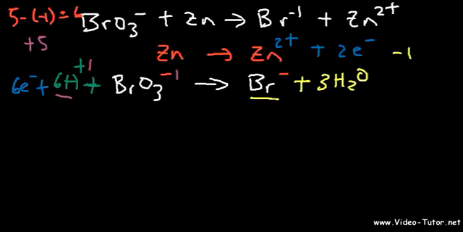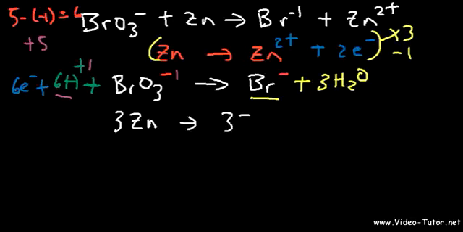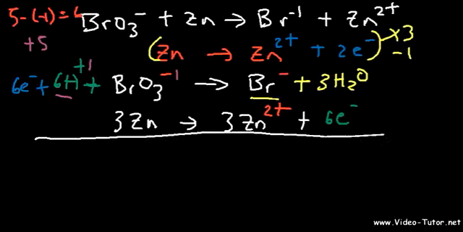However, the number of electrons is unequal, so we have to multiply this by 3. We have 3 zinc atoms yielding 3 Zn2+ and 6 electrons. Now we can add the two equations.